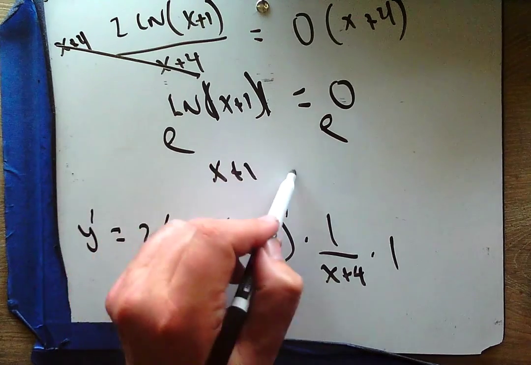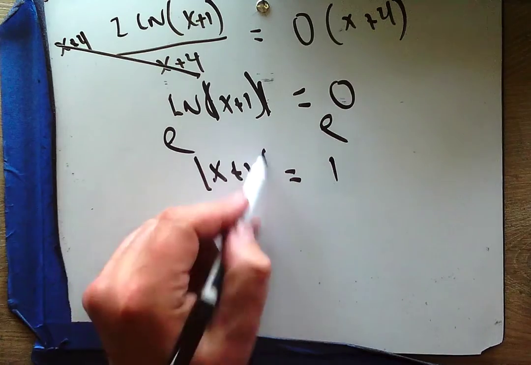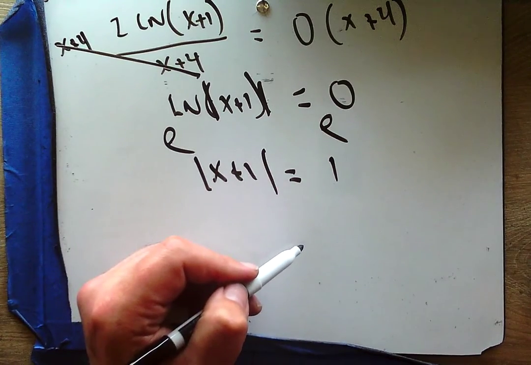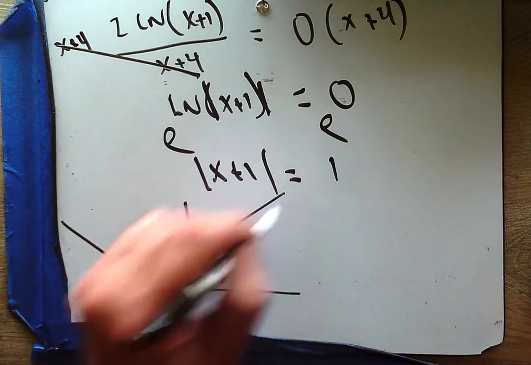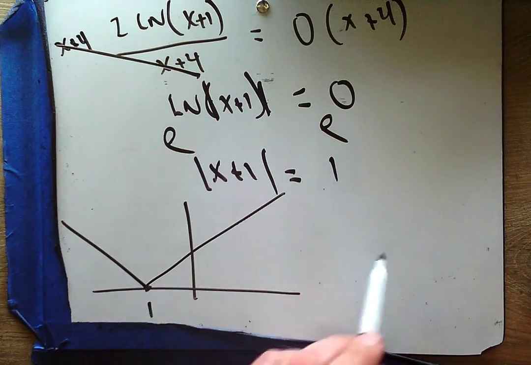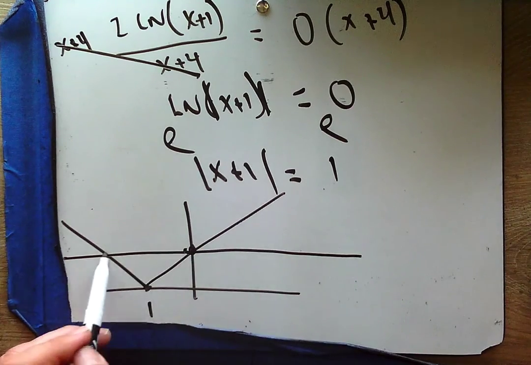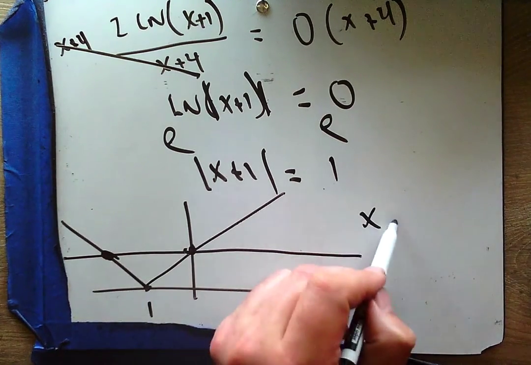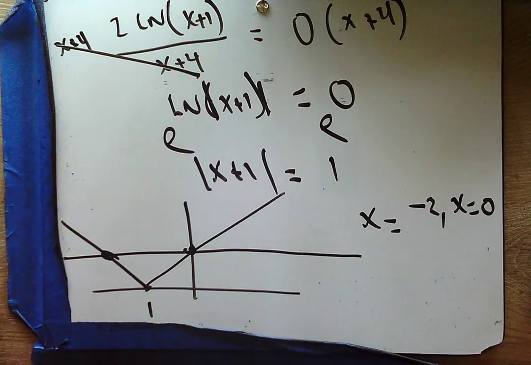I get absolute value of x plus 1 equals 1. Think about it graphically. Absolute value shifted left 1. Horizontal line, y equals 1. Two solutions. X equals negative 2, x equals 0. At those places, this thing has a horizontal tangent.